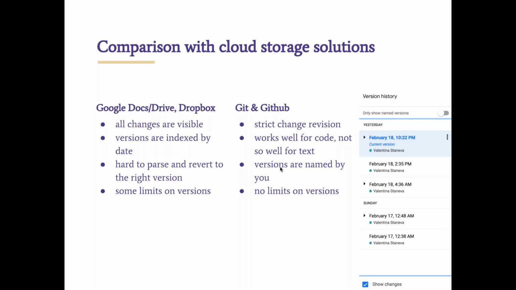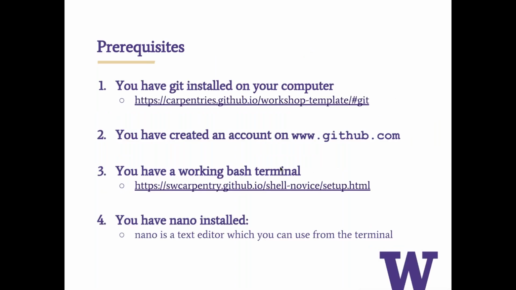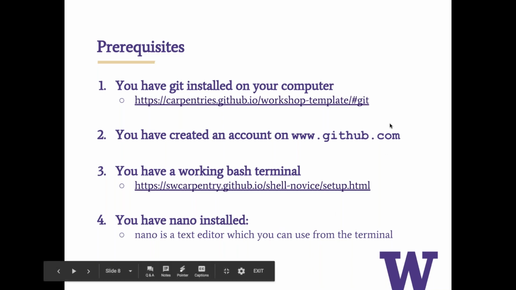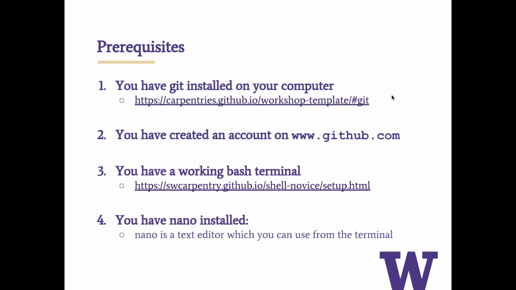All right, so this is the general overview. And now I'm going to show how you actually use Git and GitHub. You don't have to do this now. These are the prerequisites to actually get things working on your computer, so you can do this later on. For now, I have already installed everything on my computer, and I'll just walk you through the steps.